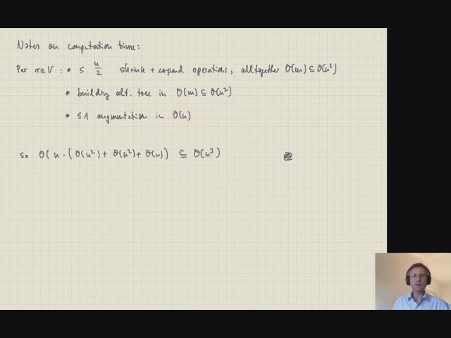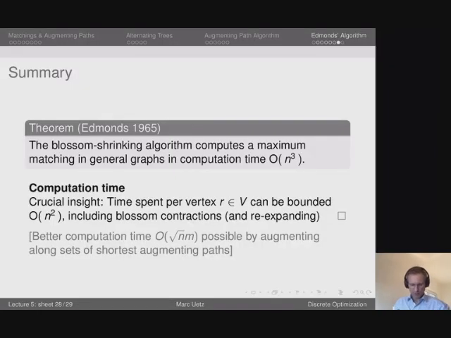So without going into too many details, this is just a rough overview of the computation time estimation. I have n times order n squared plus order n squared plus order n, which is upper bounded by n to the 3. This was a bit hand-waving, but I don't want to go into more details. You can look into the lecture notes or in a textbook if you're interested.